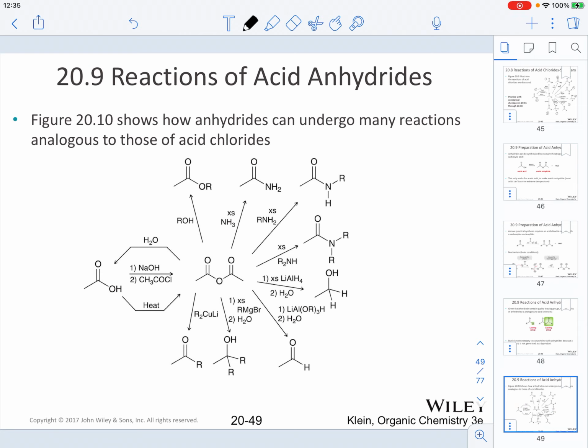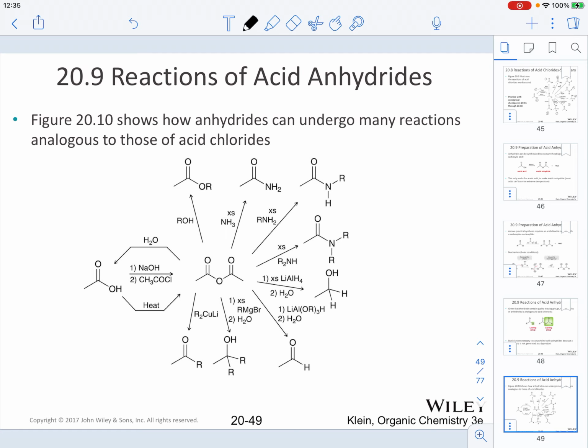So instead of going over every single one of the reactions, as we just illustrated for the acid chloride in this slide, in your textbook, if you have the third edition, figure 20.10 shows you how anhydrides can undergo many reactions that are very similar to acid chlorides.